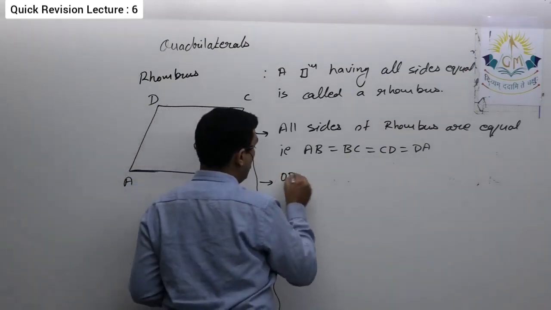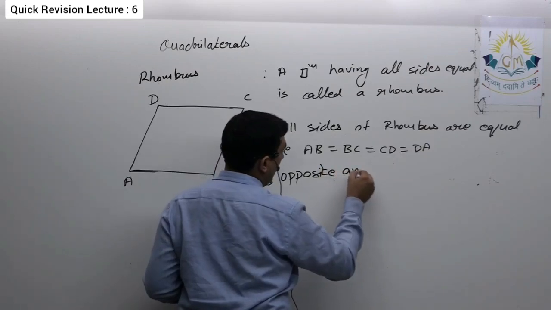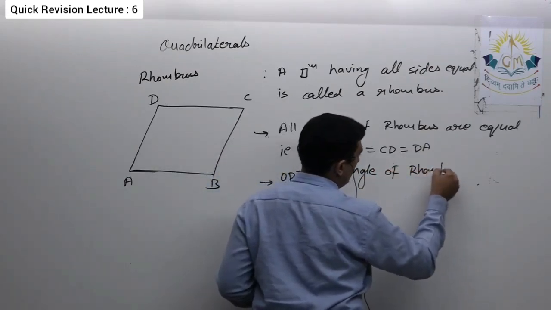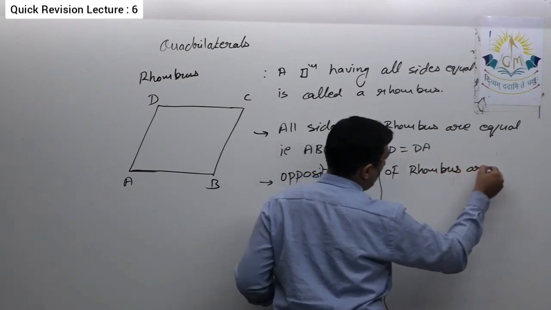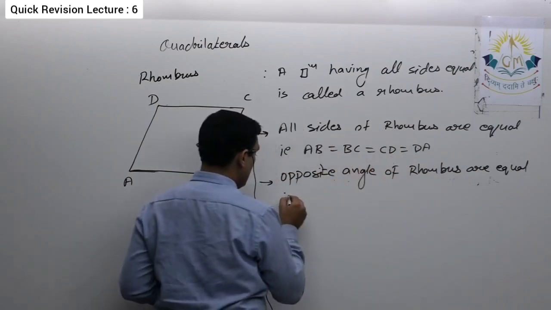So here we'll write opposite angles of rhombus are equal.